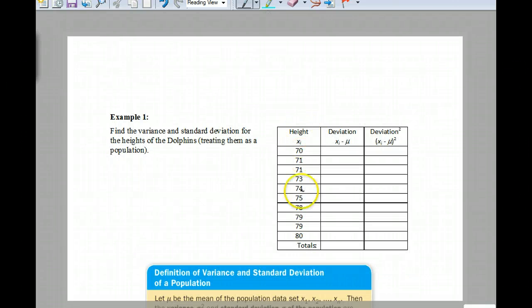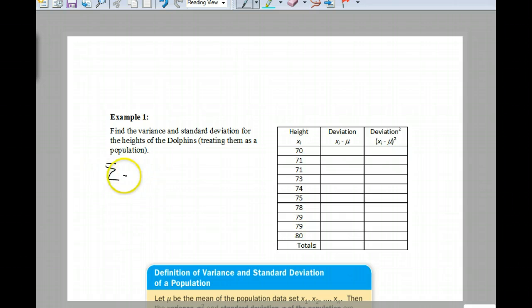So if you look on the left column, it's a bunch of heights. So x sub 1 is 70, x sub 2 is 71, x sub 3 is 71. Do you see what I'm saying? Okay. So the deviation is taking each one and subtracting the mean. So the first thing we have to do is find the mean. So we're going to add all that first column and divide it by how many? By 10.